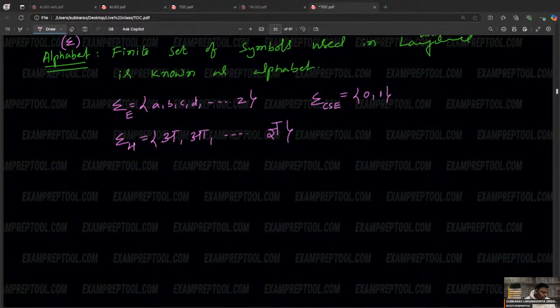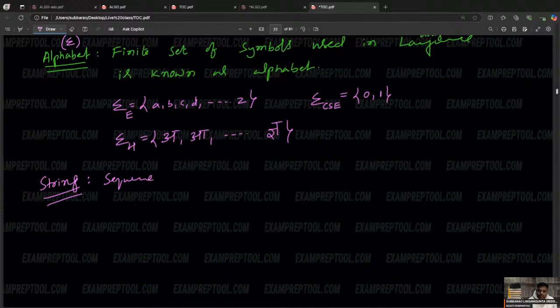Alphabet is over, and I gave some examples also. Next one: string. A string is a sequence of characters. Everyone knows a string is a collection of characters.